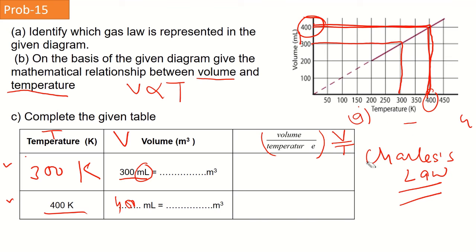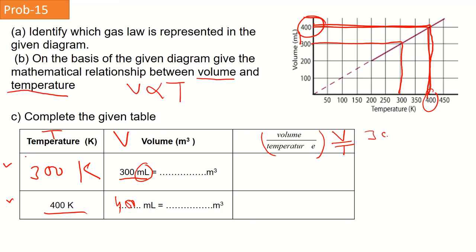So how to change this? Look here. This is 300 milliliter. This milliliter should be in the unit of meter cube. First you change the milli, after that liter. So this is 300 multiplied by 10 to the power minus 3. Now it is liter. Now this liter should be changed to meter cube.